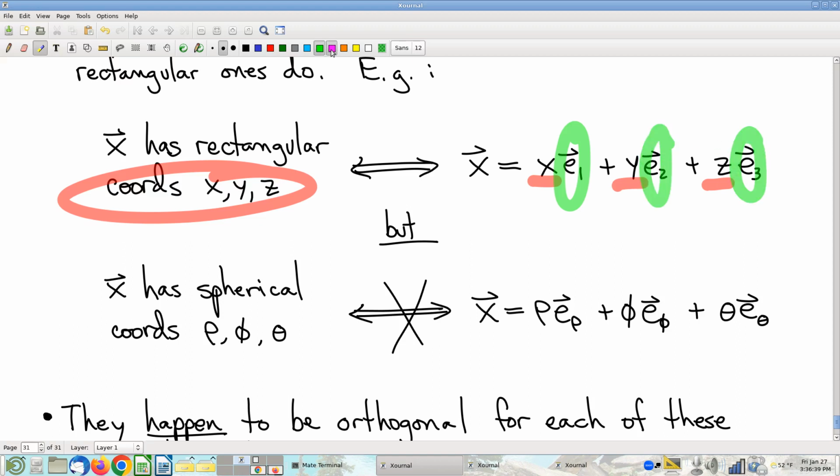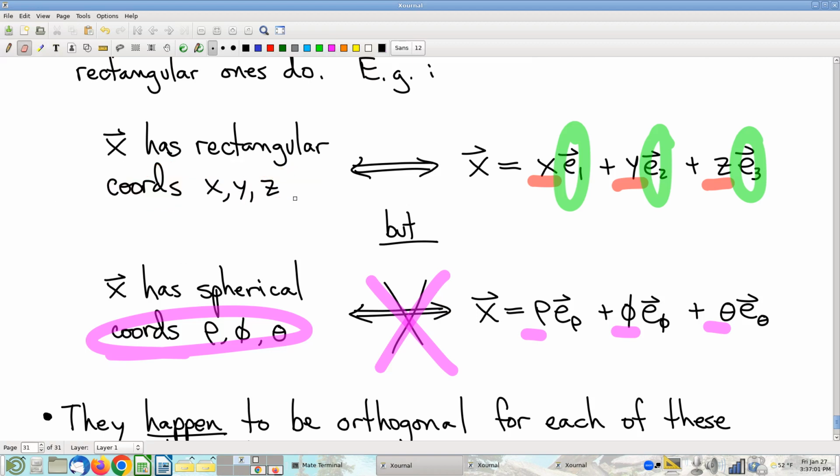You would kind of hope that maybe something analogous would be true in spherical coordinates, but alas, it is not. It just doesn't work. So these standard basis vectors, they have a role, but they're not anywhere near as nice as rectangular standard basis vectors.